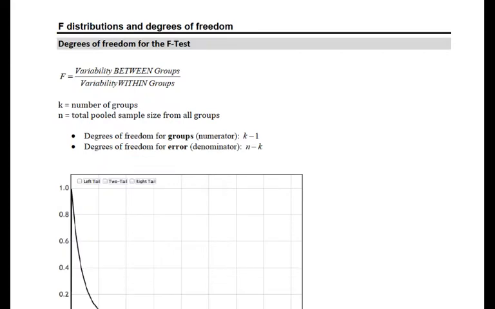The distribution we want to use to look at this F statistic is the F distribution, and this is all named after Fisher, a fairly famous statistician who developed a lot of the stuff that we use, where we have 2 degrees of freedom now. Not 2 degrees of freedom, but 2 different numbers that both represent degrees of freedom. One comes from the numerator and one comes from the denominator. The one that goes with the numerator we refer to as the degrees of freedom for groups, and in some books you'll find that referred to as the degrees of freedom for the numerator.